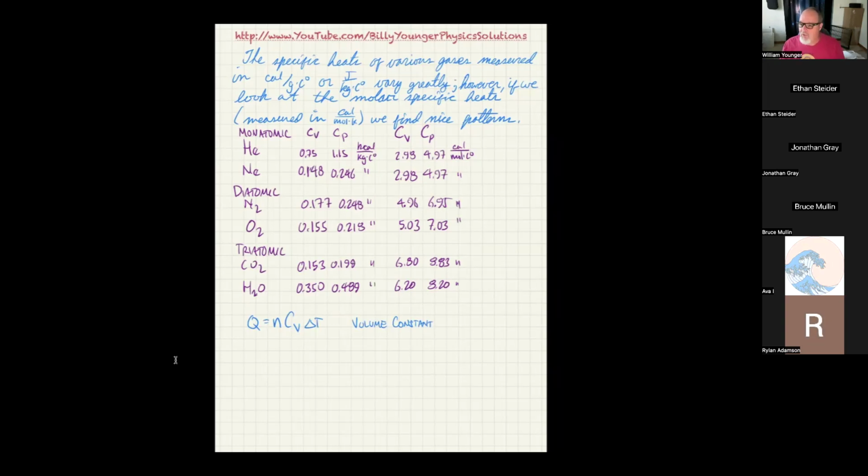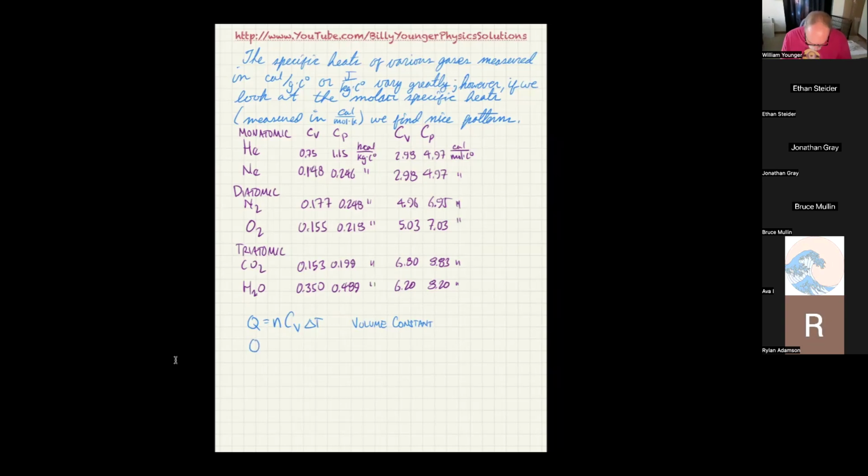So all the heat's going into changing the temperature and internal energy total. And of course, the C is supposed to be a measure of how much it takes to change the temperature. So the CV should actually be a smaller quantity because none of the energy goes into work. It all goes into changing the temperature just about. Whereas CP would be, of course, bigger because some of that energy would go into doing work.